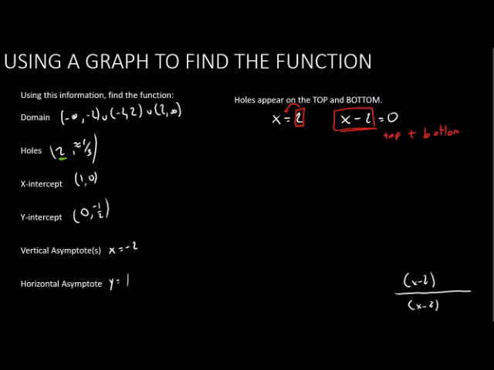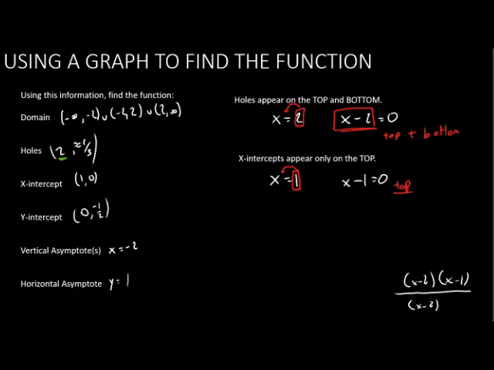We can do the same thing with our x-intercept, but the x-intercept will only appear on the top. Our x-intercept was (1, 0), so I'll say x equals 1, but once again move the 1 over to the other side and end up with x minus 1 equals 0. This will go to the top, and so we will place it only on the top.